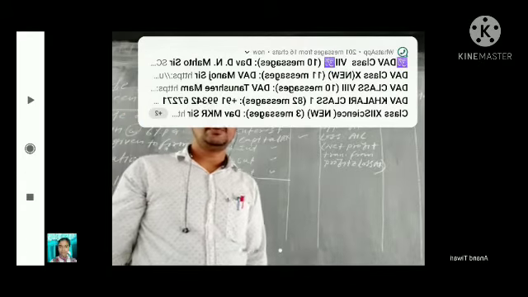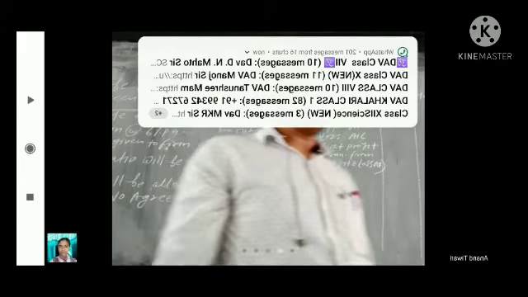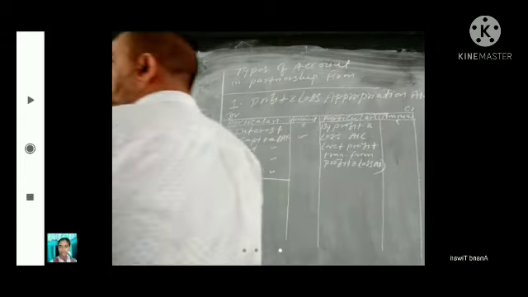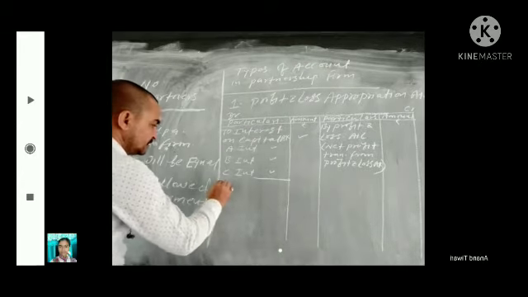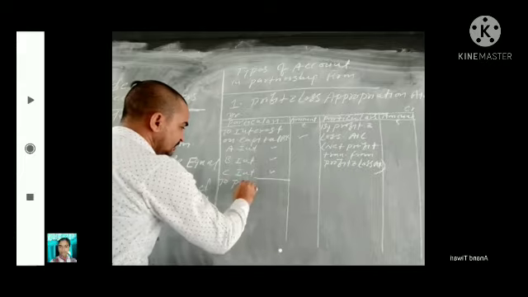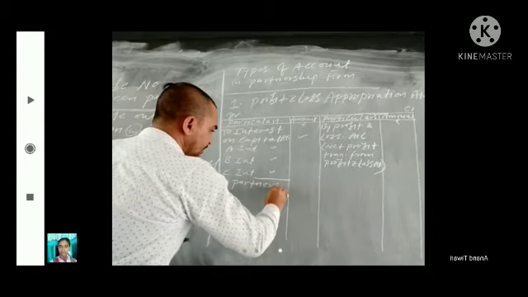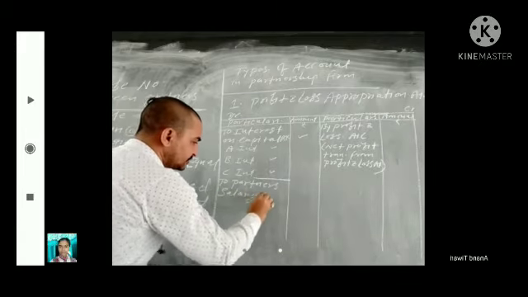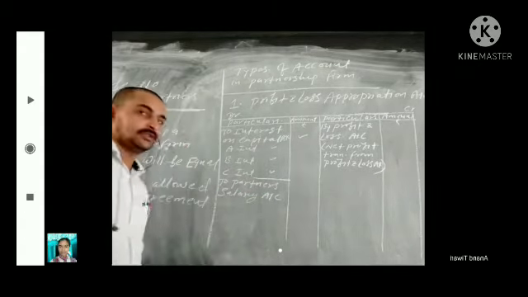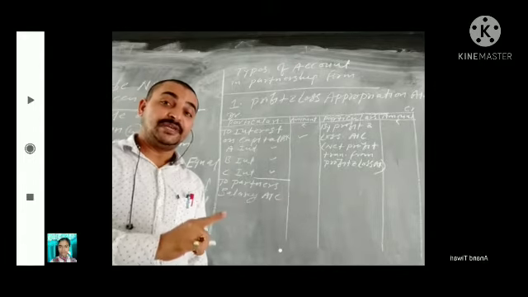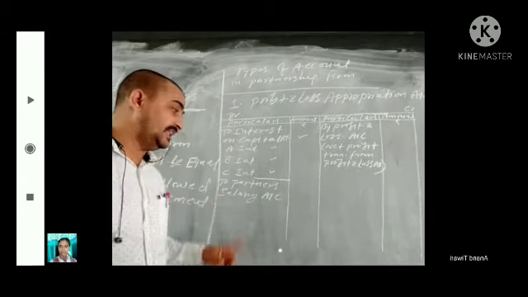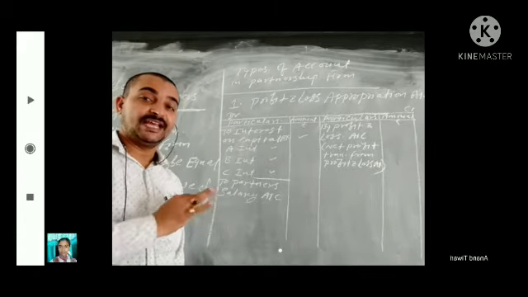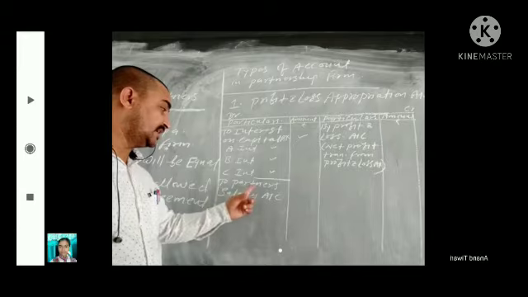Now coming to the second thing, that is to partners salary account. If there was an agreement, then they are allowed salary. If it is allowed in the agreement, then you have to show partner's salary.